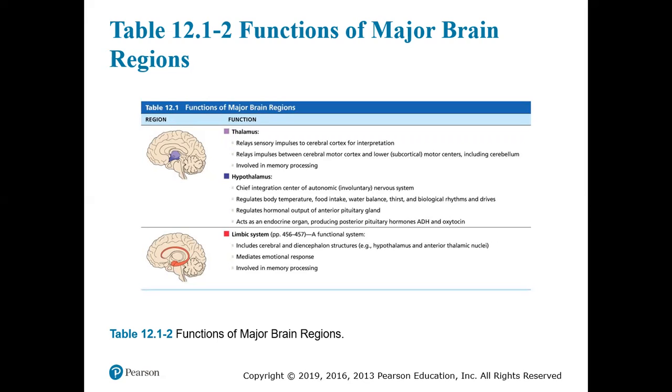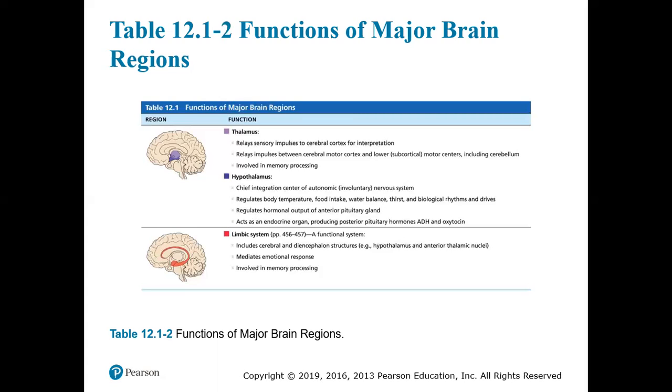It regulates hormone output of the anterior portion of the pituitary gland. It does act as an endocrine organ because it produces the hormones that are stored within the posterior pituitary, and they are antidiuretic hormone and oxytocin.